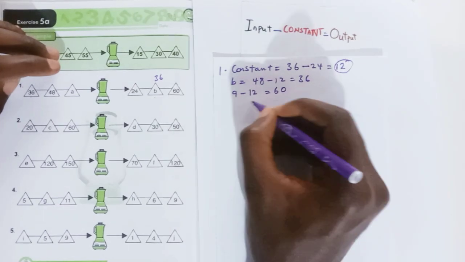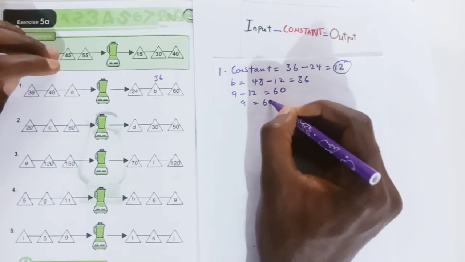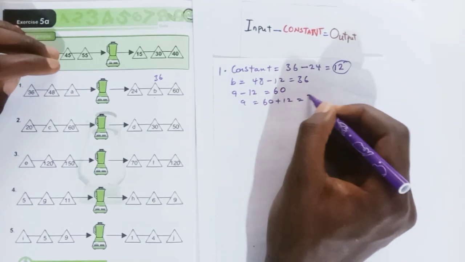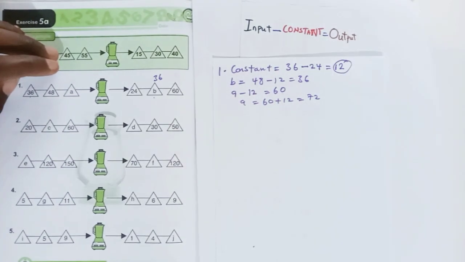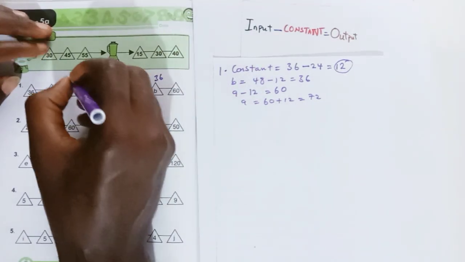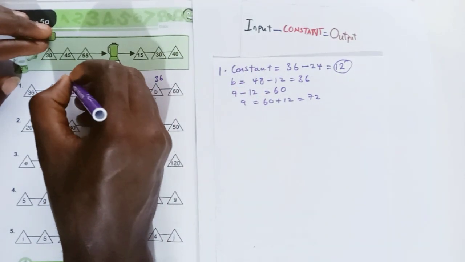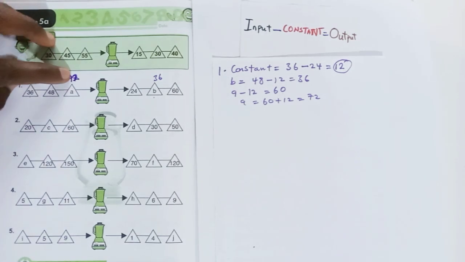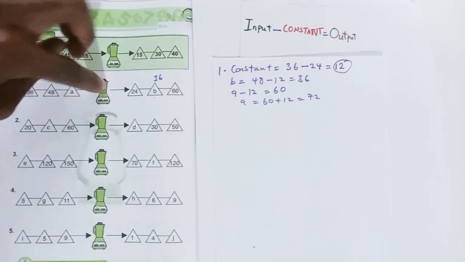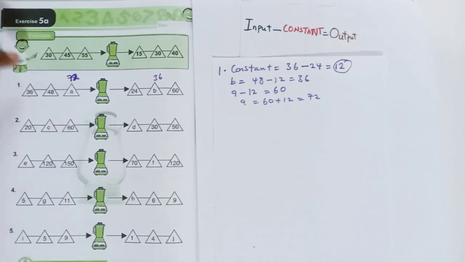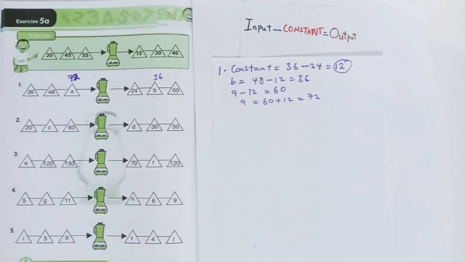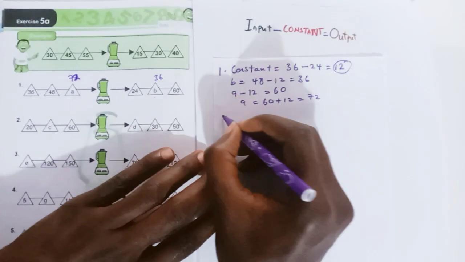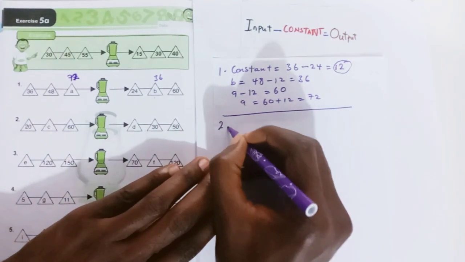Collect the like terms. A will be 60 plus 12, which is equal to 72. So A here is 72. That means 72 minus 12 will give us the 60 there. All right, let's do number 2 for more clarity.